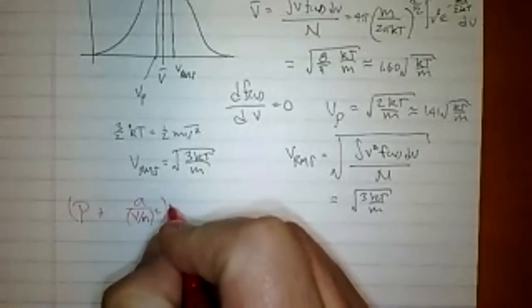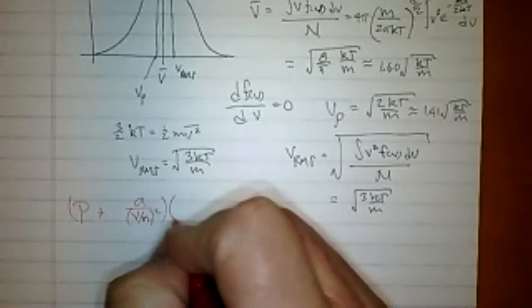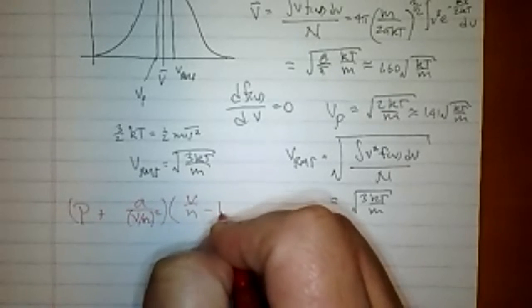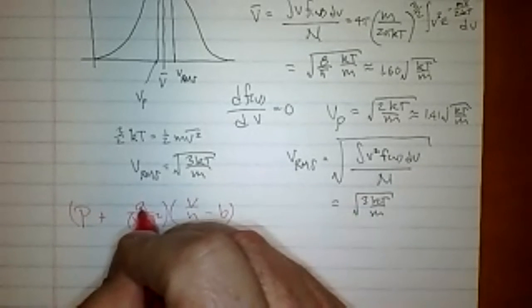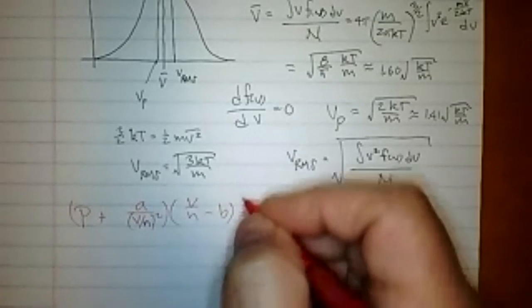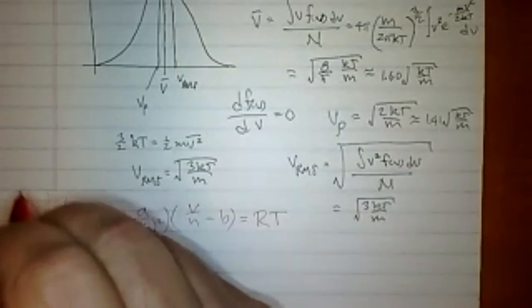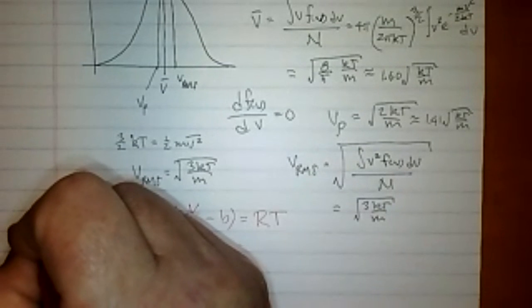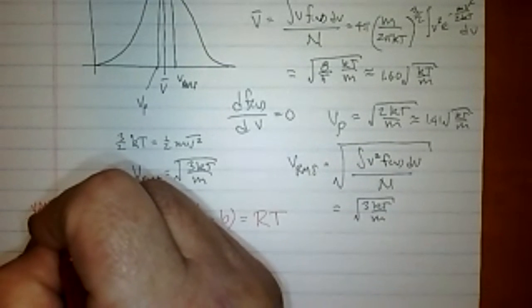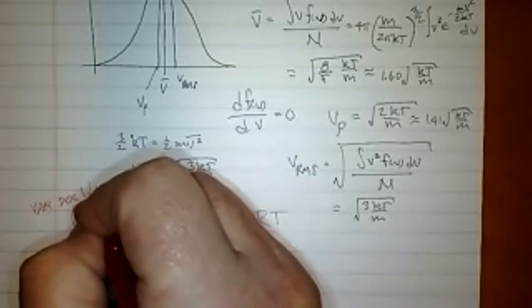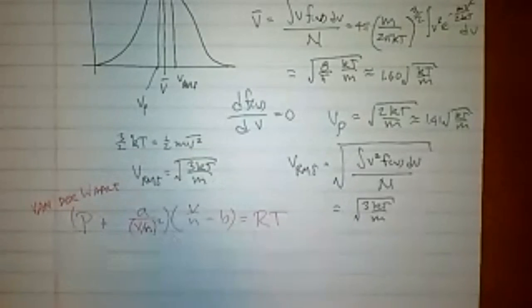So instead of PV equals nRT, they'll do P plus all this times V over n minus some b, where you have to actually experimentally determine a and b. And that happens to be equal to RT. So that's van der Waals equation. And that's all lowercase, by the way, until you get to the W.